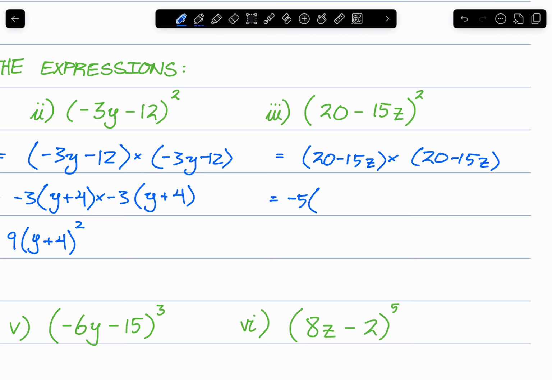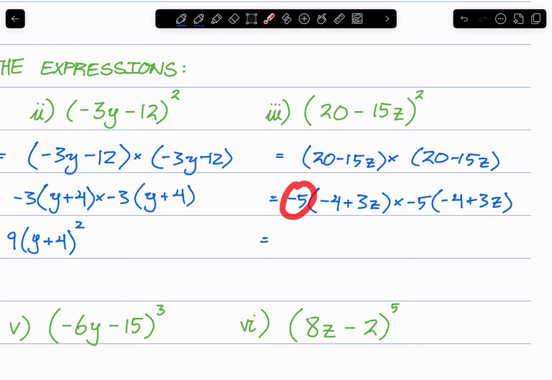So this will become negative 5 times negative 4 plus 3z. But now, if I factor out negative 5 from this group, I must factor out the exact same thing from this group. So it'll become times negative 5 times negative 4 plus 3z.